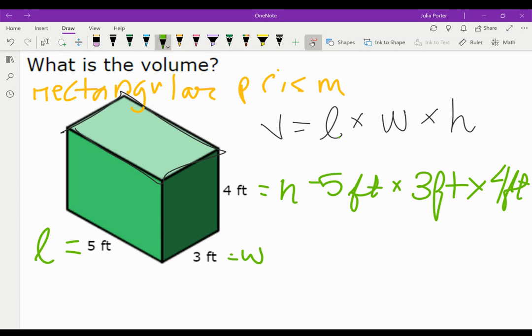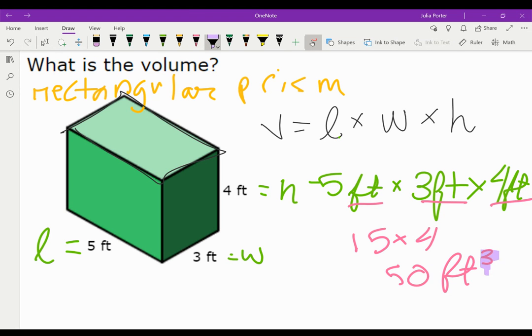When I multiply these all together, I get 5 times 3, which is 15, times 4, which is 60. So I got 60, and then I got feet multiplied 1, 2, 3 times. So our units are going to be cubic feet, feet cubed. And for all volumes, our units will always be cubed.